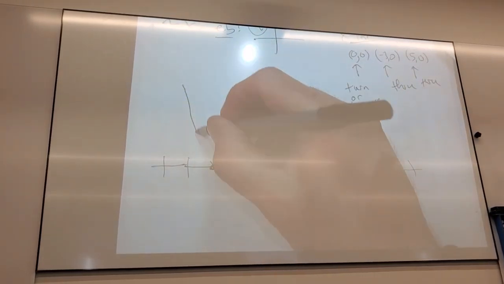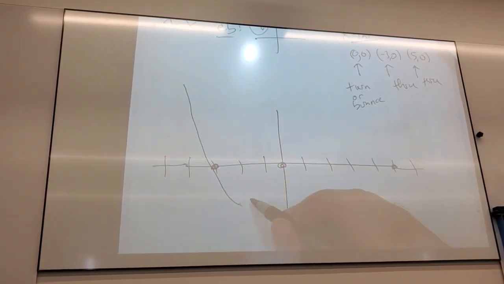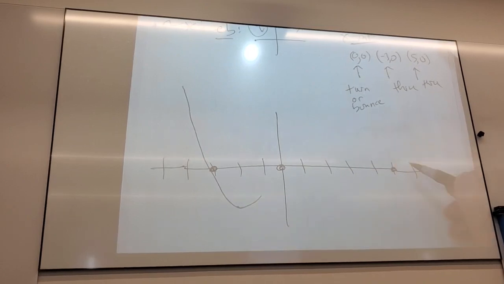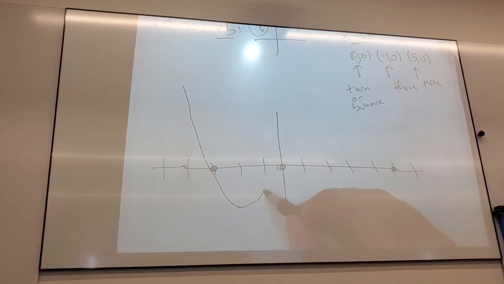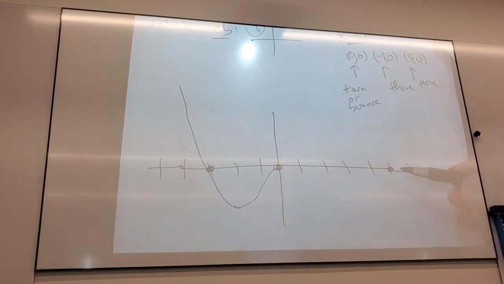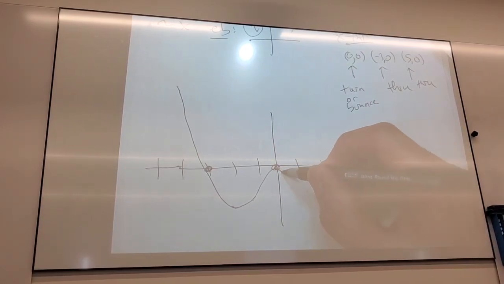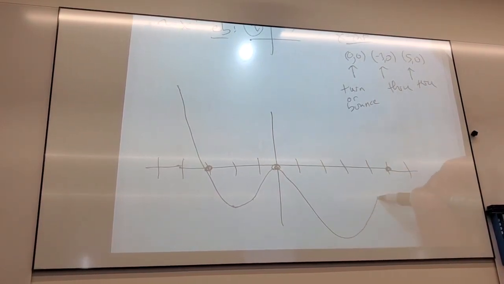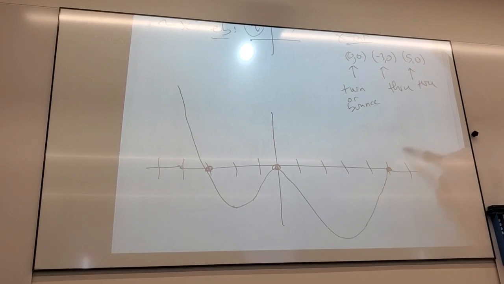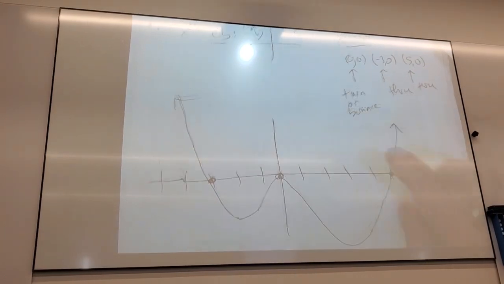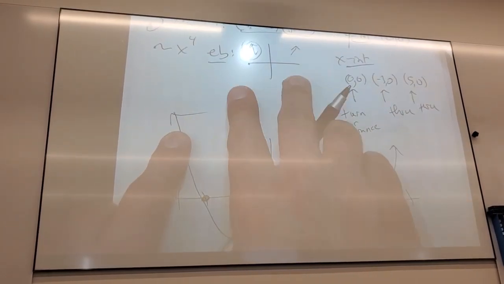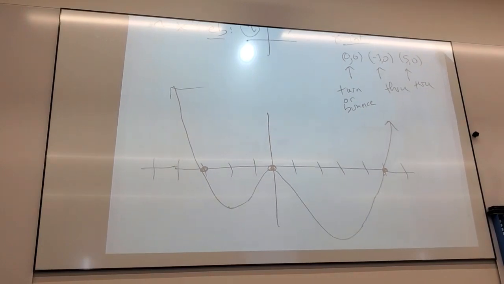Go through. And then I'm going to turn somewhere. What am I going to do at 0? I'm going to turn. You with me? Yes. And then at some point I'm going to have to turn and come back up. And what am I going to do here? Go through. Does that match with my end behavior? Yes.